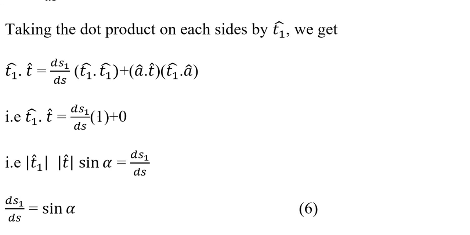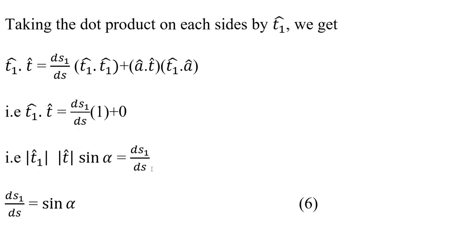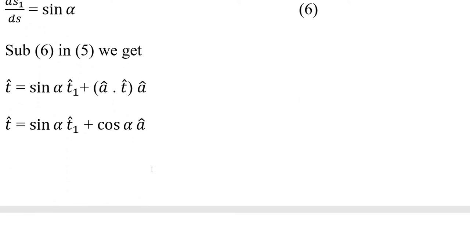Again, by using this figure, mod t1 cap into mod t equal to sin alpha, which is equal to ds1 by ds. Substituting this in equation 5, t cap equal to sin alpha into t1 cap plus cos alpha into A cap.